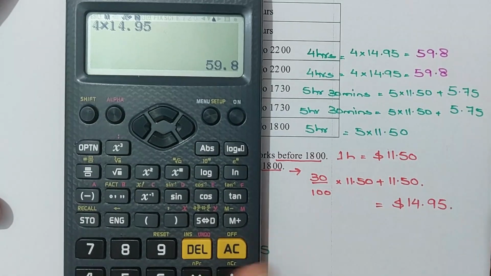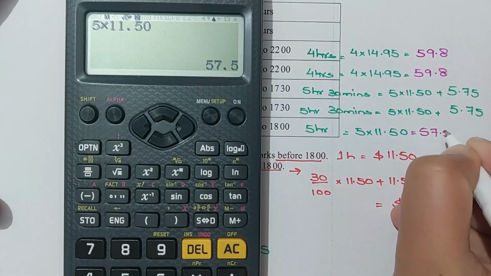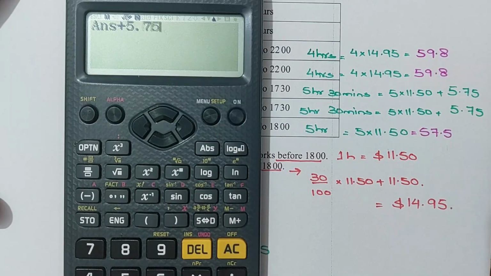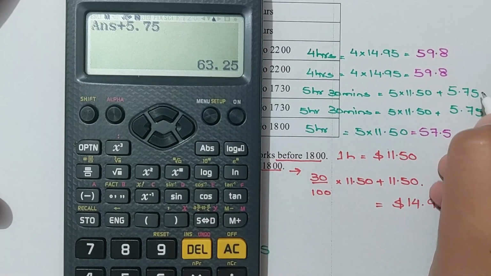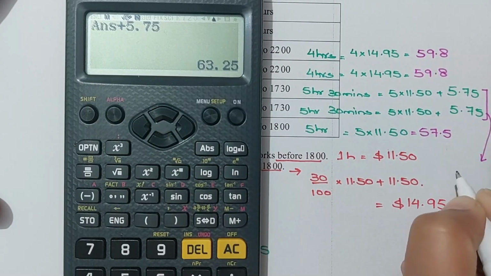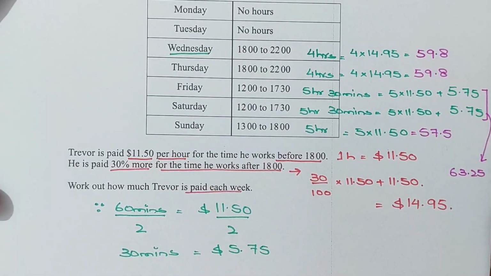Okay, 5 times 11.50 is 57.5. Okay, and add up with 5.75. These two salaries I'm working on come to 63.25. Both are 63.25, right?